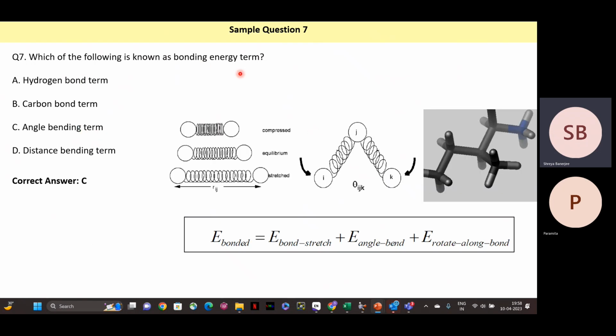If you remember, the three bonding energy terms are bond stretching, angle bending, and rotation along a bond, which is the torsional distortion. In these options, the only one available is angle bending, and so the correct answer is C.